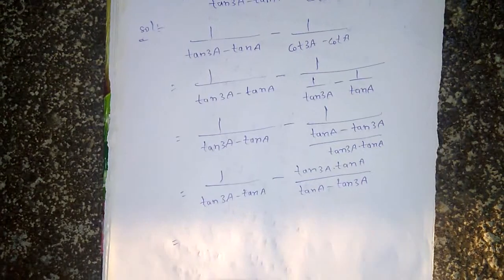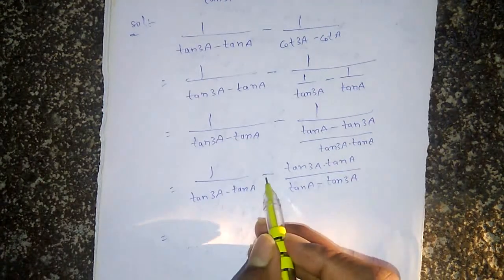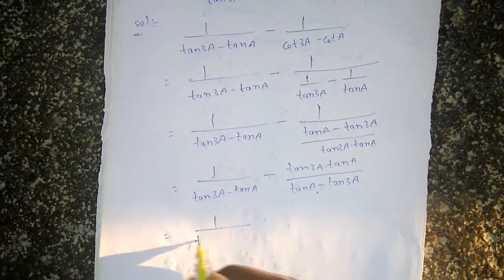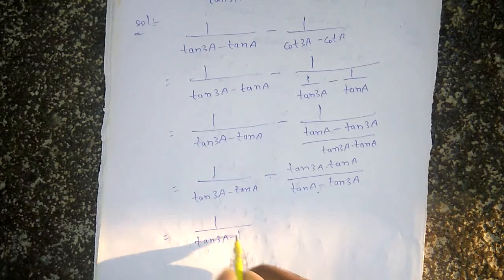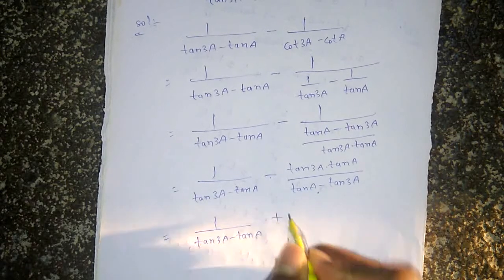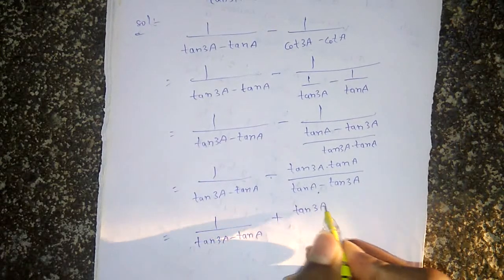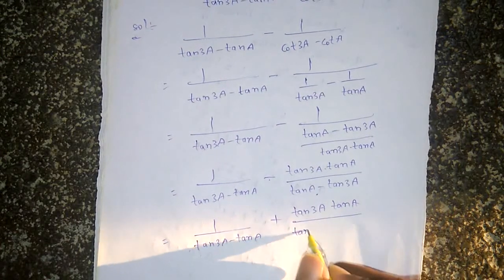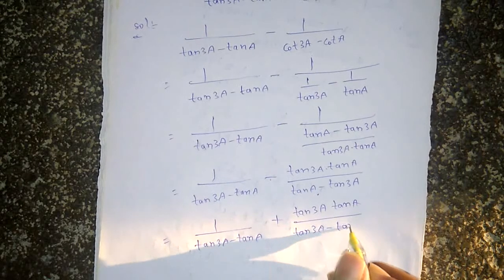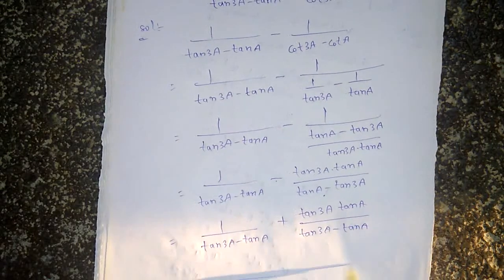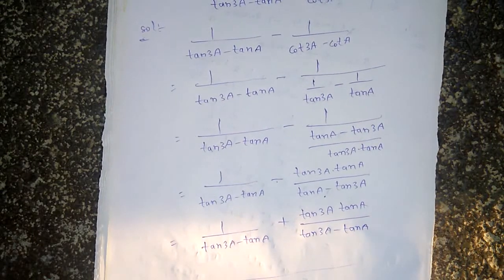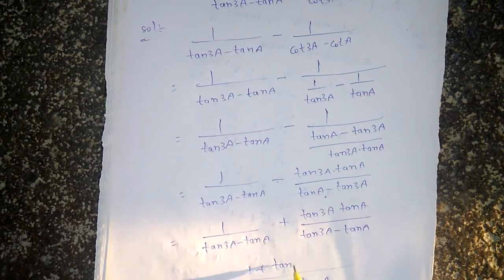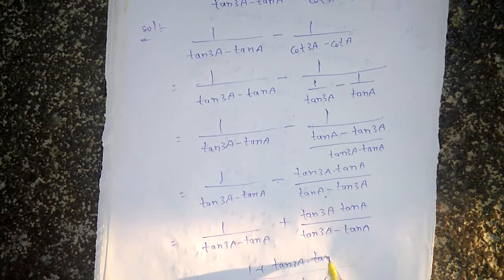Okay, here, if you multiply the minus, you get tan 3a minus tan a, minus into minus plus tan 3a tan a. So here the signs will change, that is tan 3a minus tan a. If you take LCM, in the numerator you will get 1 plus tan 3a into tan a.